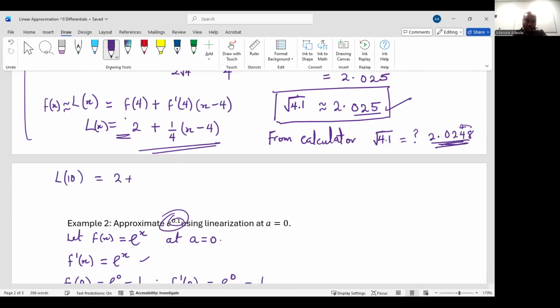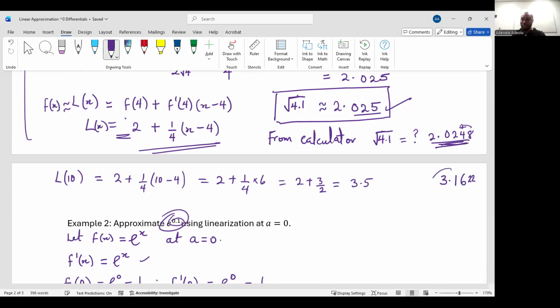We have 2 plus 1/4 of 10 minus 4. So that is 2 plus 1/4 times 6, which is 2 plus 3 over 2, that is 2 plus 1/2. So that is 3.5. What is the square root of 10? Square root of 10 is 3.16.